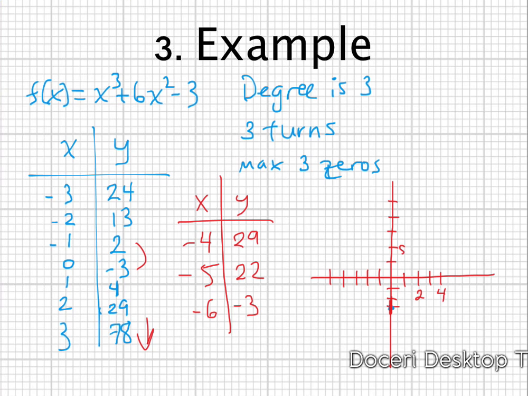So the second one is 8, then 16, then 20, then 28, okay? Oh wait, not 28. This will be 24, and this will be 32, okay?